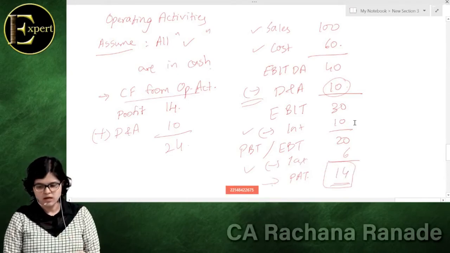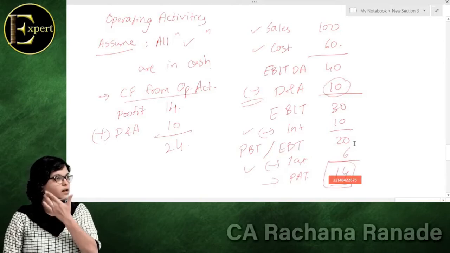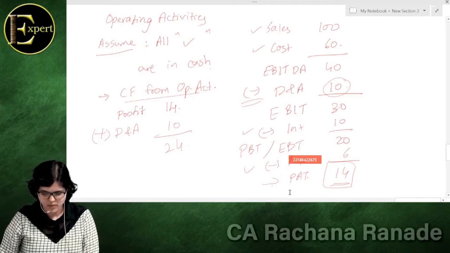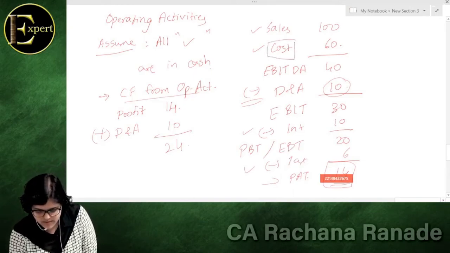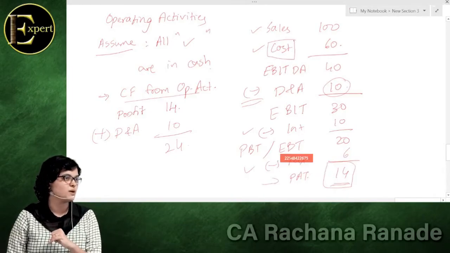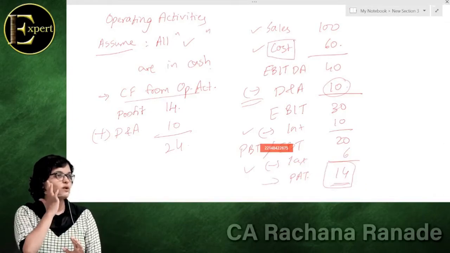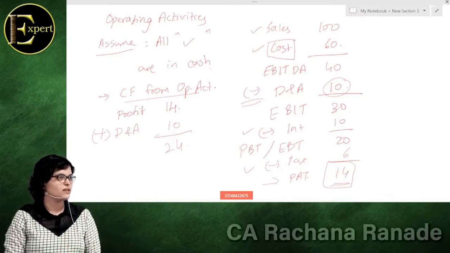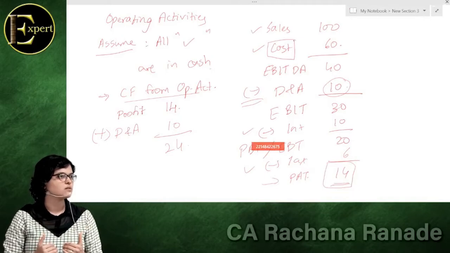So what am I left with? Earnings before tax. Please understand this very basic point: this cost which I am deducting is just my operating cost, raw material cost, labor payment. This cost does not include interest. This cost does not include depreciation. That is why we are deducting them separately.